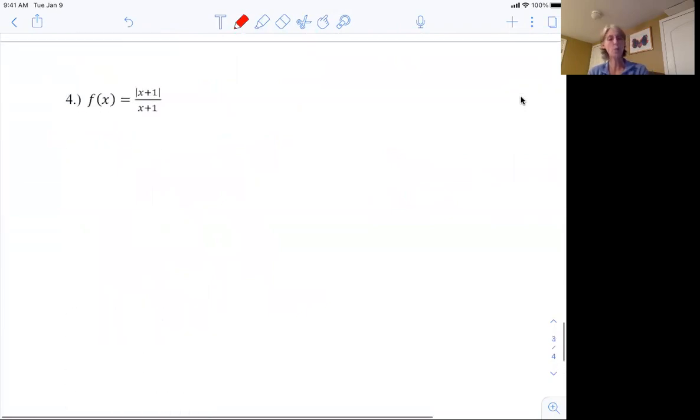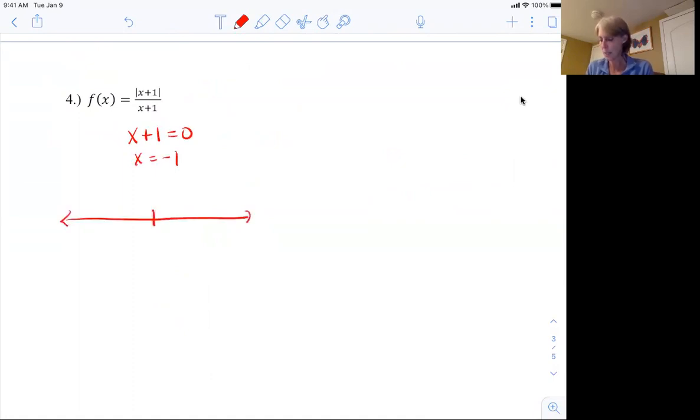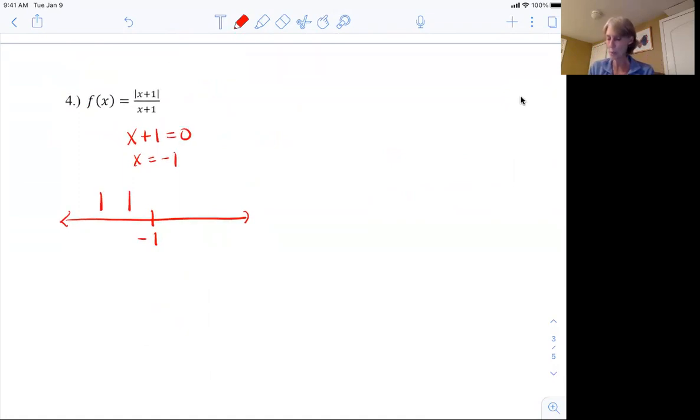Okay, so number 4. Number 4 is also a little tricky. I have the absolute value of x plus 1 over x plus 1. So first off, I'm just going to find where it changes rules. So negative 1 is my kind of vertex, so to speak. When I plug in a number less than negative 1, I only focus on the absolute value right now. What type of number would be in the absolute value sign? A negative.